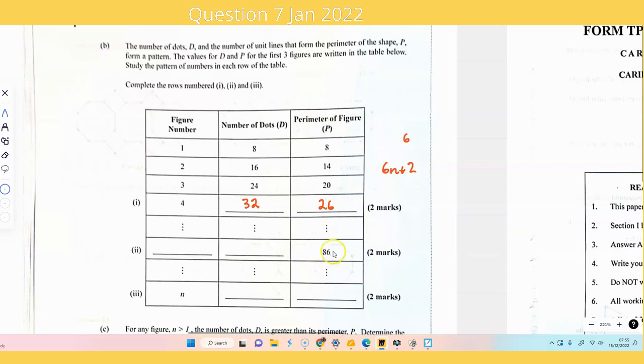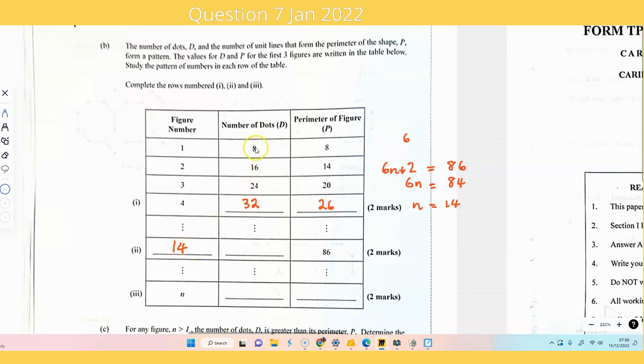You are given the perimeter, which is 86, so you need to equate this to 86. And then you can solve for n to figure out what should be here. So let's take 2 from both sides, so that would be 84. So 6n is equal to 84, therefore n equals 14. Divide both sides by 6, so that's 14.